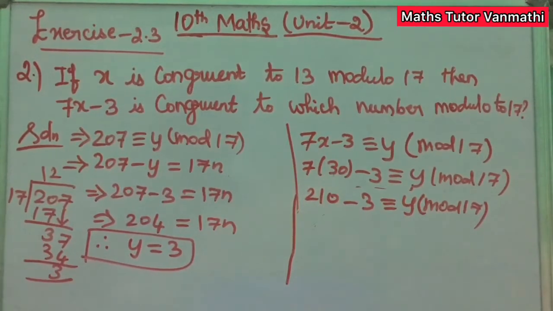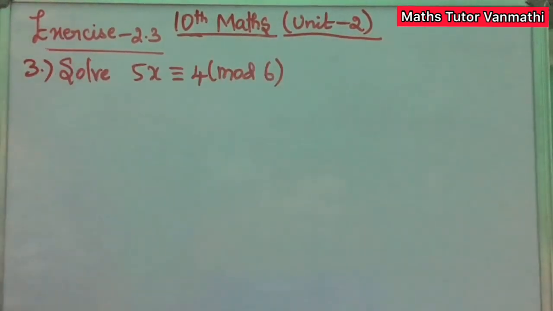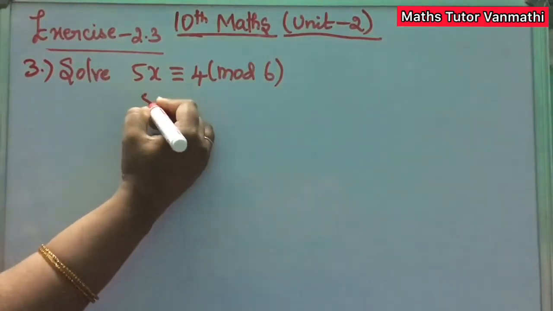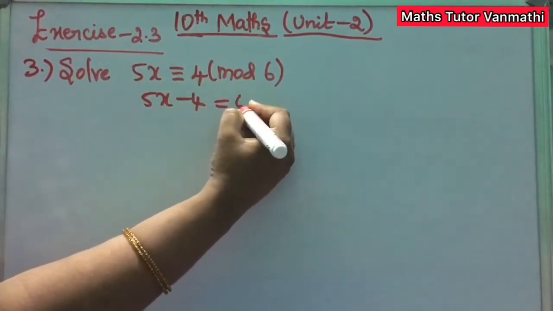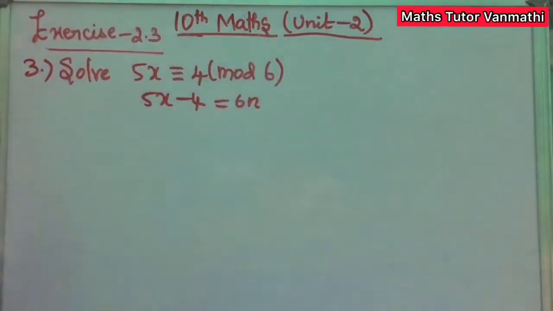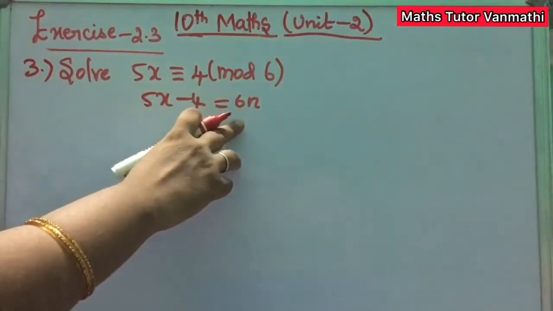Next, third problem. Exercise 2.3, third problem. Solve 5x is congruent to 4 mod 6. This can be written as 5x minus 4, which is equal to 6n. Okay, that is 5x minus 4 is divisible by 6.